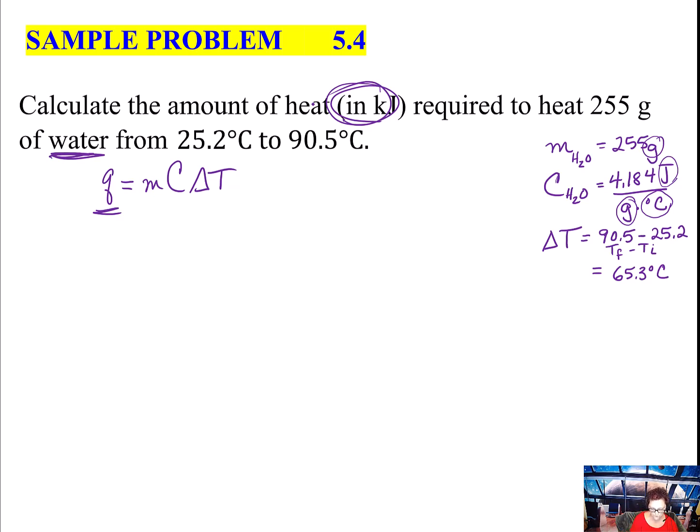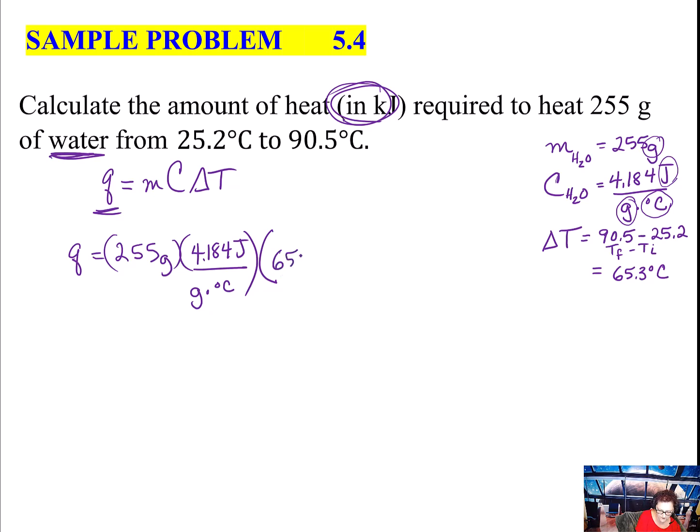Okay, all right, so the amount of heat, which is Q, is going to be equal to the mass in grams, so 255 grams, times the specific heat of water, which is 4.184 joules, divided by grams times degrees C, times delta T, which I already did that conversion, which is 65.3 degrees C. Okay, that's going to get rid of grams. That's going to get rid of degrees C. That's going to leave me with joules.